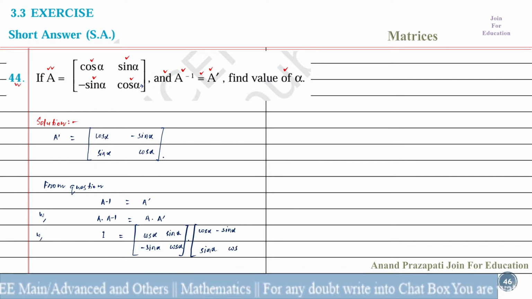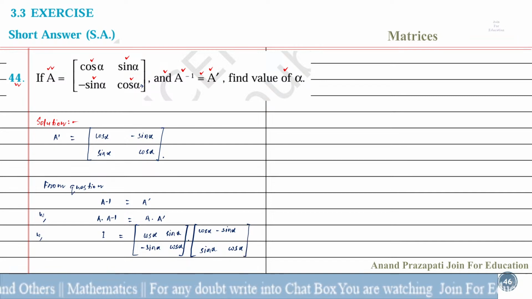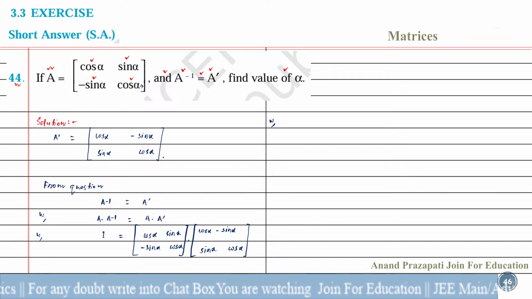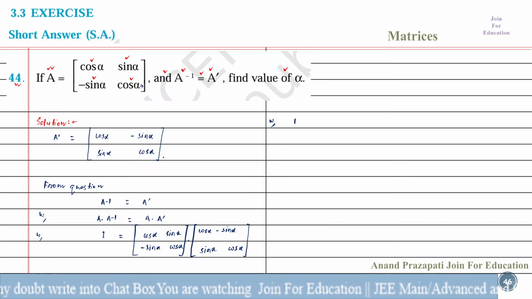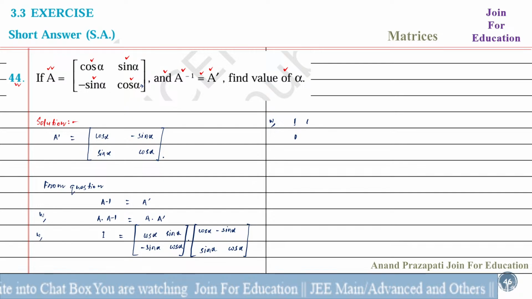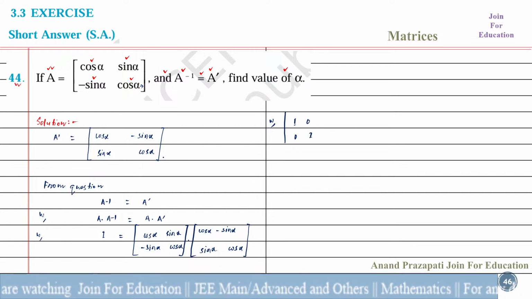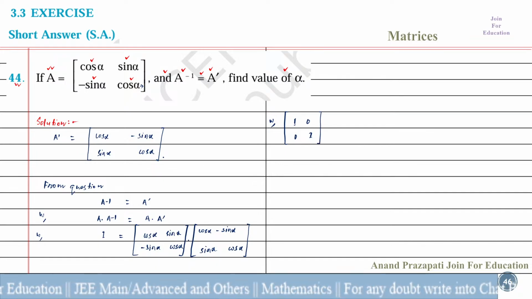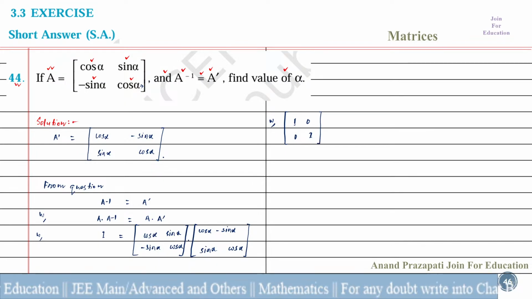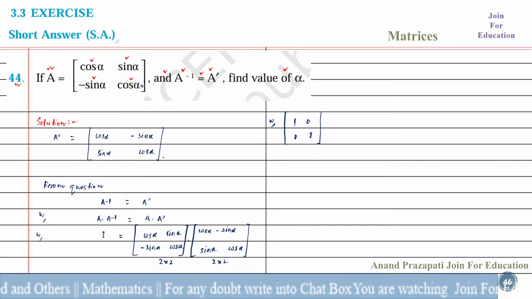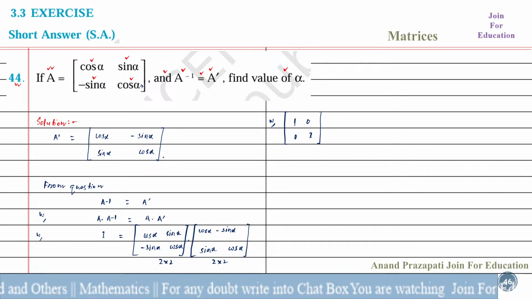Hope that there is no problem to understand up to this step. So identity matrix equal to here will be 1, 0, this is the 0, and this is the 1. Order of this matrix is 2 by 2. Order of this matrix is also 2 by 2. Therefore, this is confirmed for the multiplication.